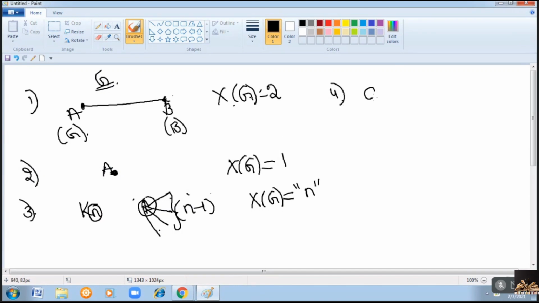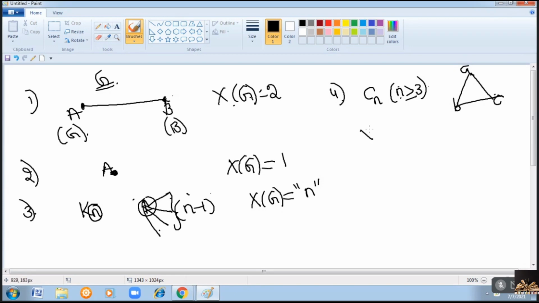Similarly, the chromatic number of a cycle graph. Cycle graph means the minimum number of vertices should be 3, so n should be greater than or equal to 3. Why? Because you can have a cycle graph with a minimum of 3 vertices, right?